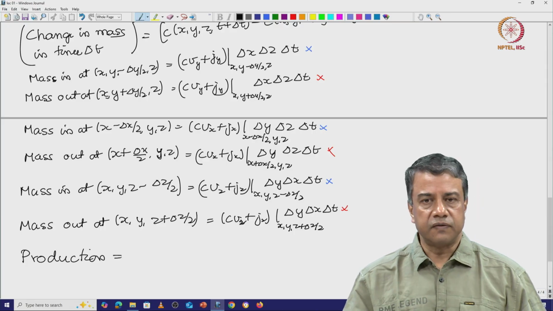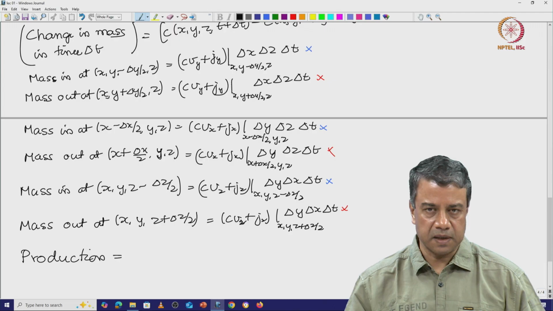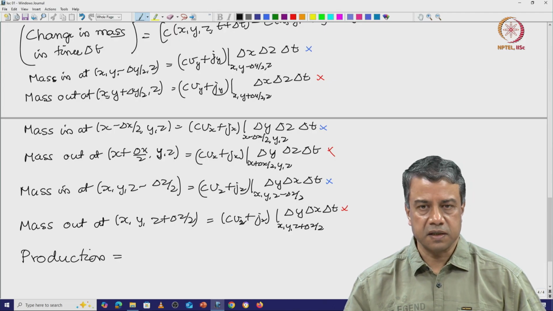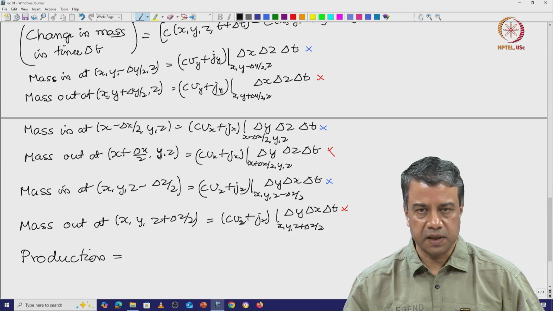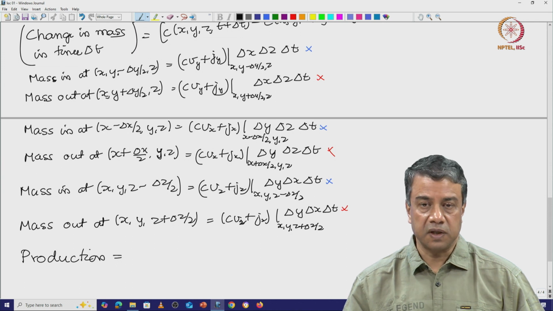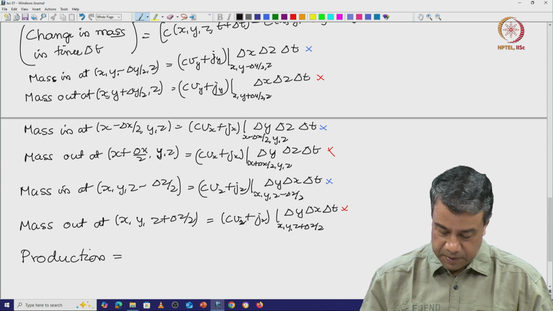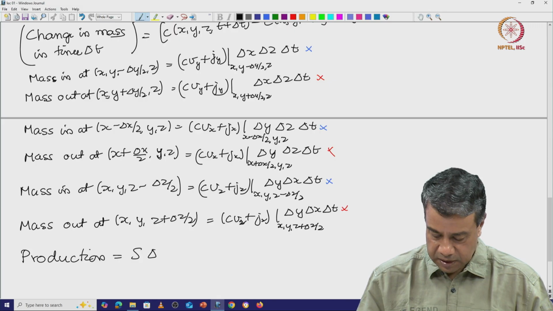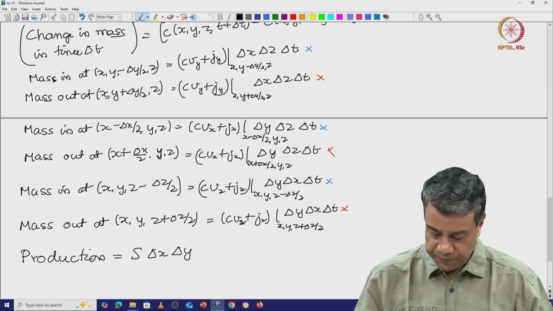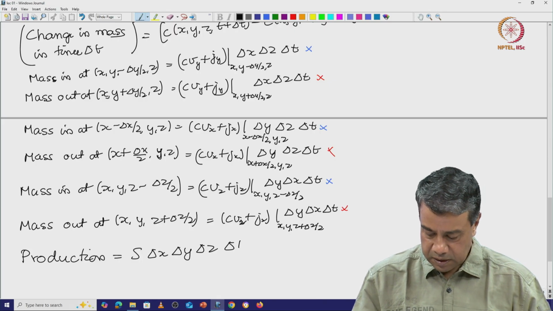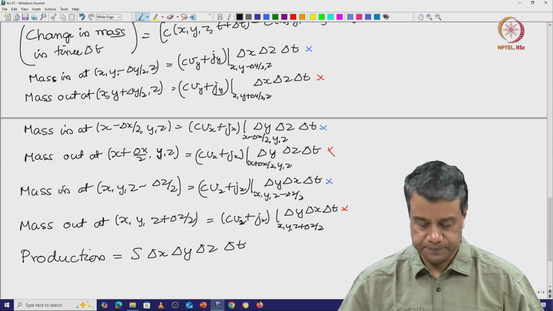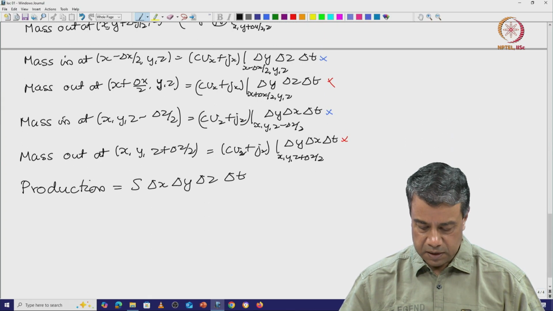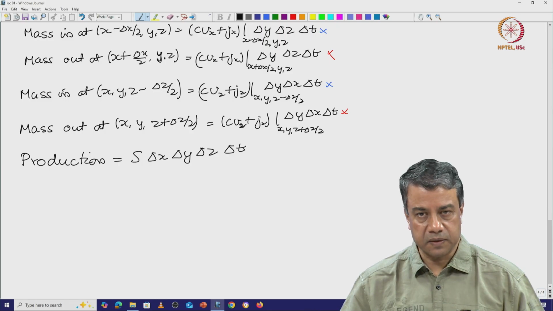If this production is due to a reaction, for example, the rate of reaction is defined per unit volume per unit time. So, the production will be of the form S into delta x delta y delta z delta t. So, now I have to put all of this together.